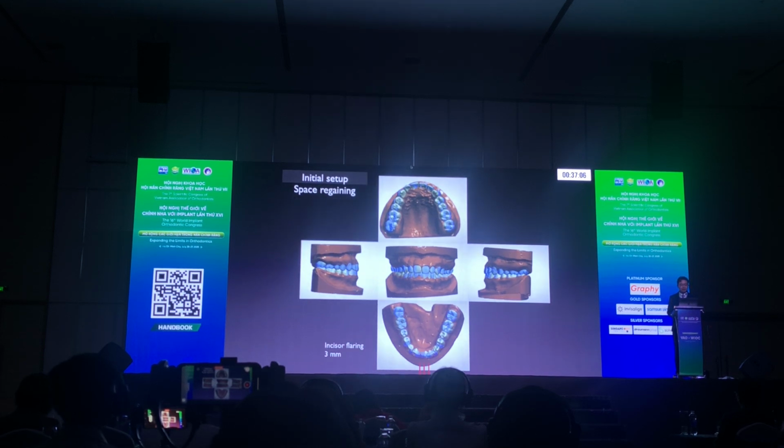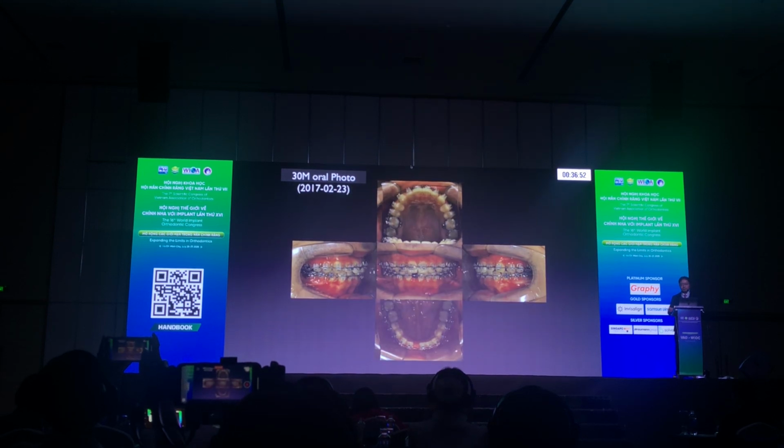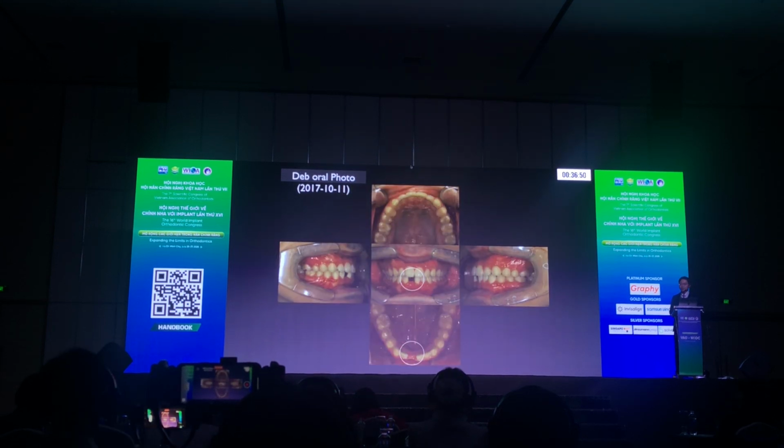So this setup will show that without distalization, we can make enough space for the lower missing area. So we planned for a mandibular setback of around 12 millimeters, and we made the space. At the end of treatment, we could make enough alveolar bone width and enough alveolar bone height, I thought.